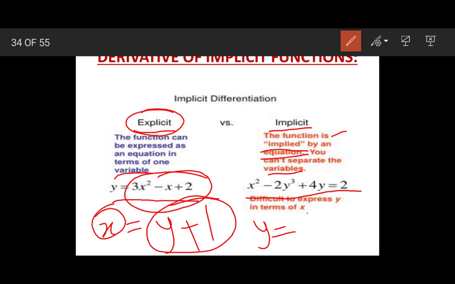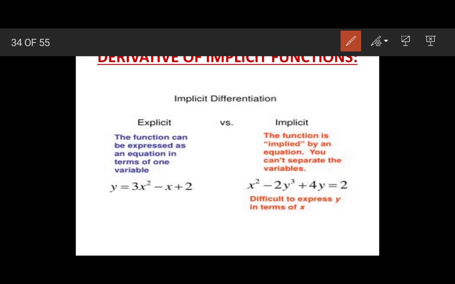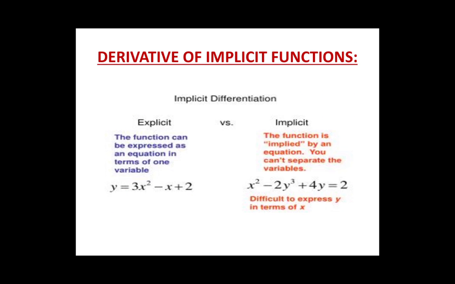Suppose y is equal to sine of x plus y, or e raised to x plus y. All these are implicit functions. When x and y both variables are mixed, then that type of function is known as an implicit function.